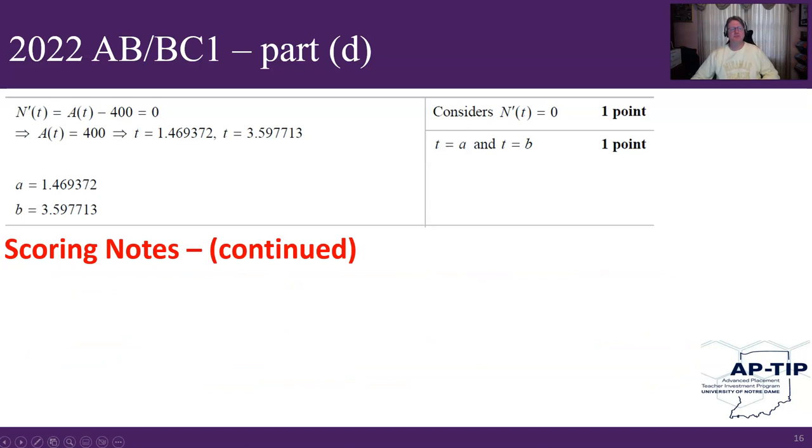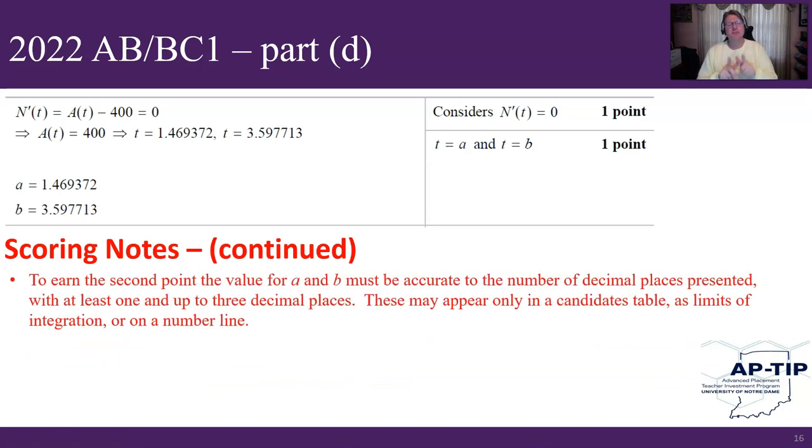A couple more scoring notes here. To earn the second point, the values for A and B must be accurate to the number of decimal places presented, with at least 1 and up to 3 decimal places. This is another one of those instances where intermediate decimal values don't necessarily have to have the 3 decimal place representation. But obviously, the more accurate they are, the better our final answer is going to be in the long run.